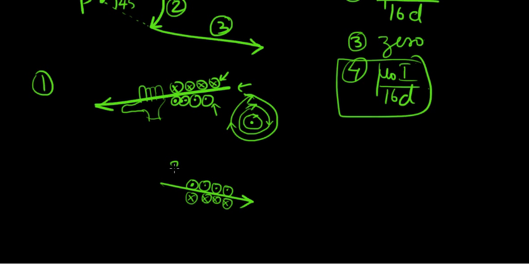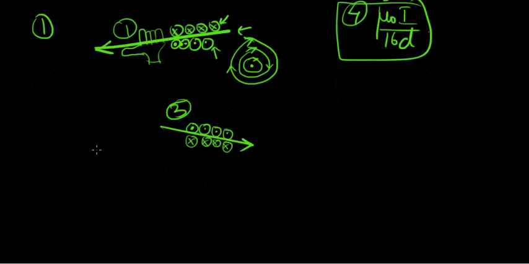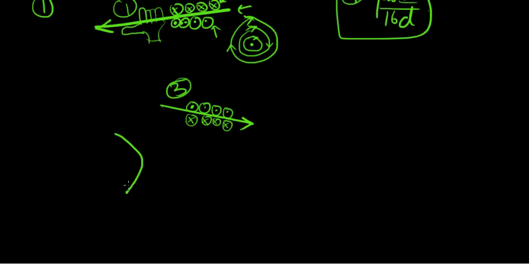This is for conductor 3, this is for conductor 1, and if you see conductor 2, and you point your thumb in the direction of the current, the way you're going to see this magnetic field is your fingers are going to go inside the page on this side of the conductor, and will come out of the page on this side of the conductor.